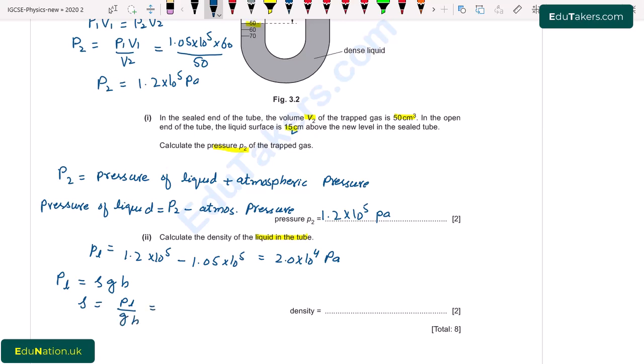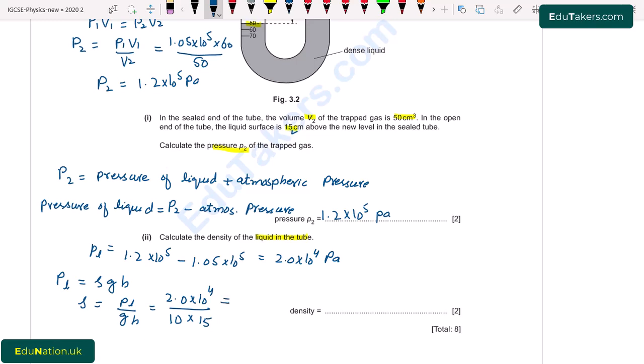Putting the values here: 2.0 into 10 to the power 4 divided by the value of G, which is 10, multiplied by H, which is 15 centimeter. G is basically acceleration due to gravity.